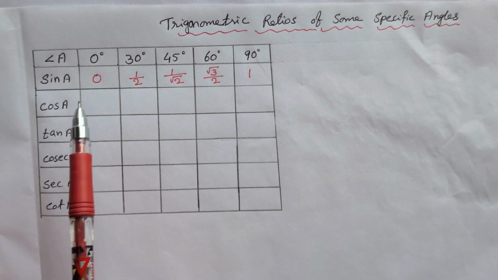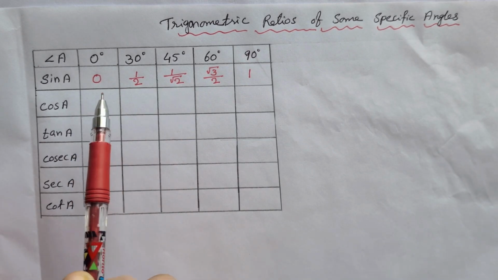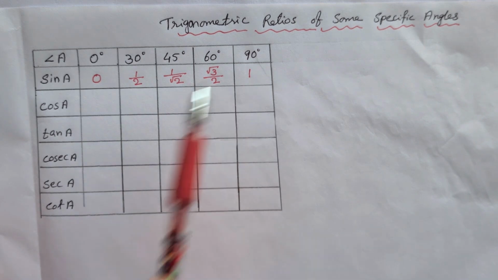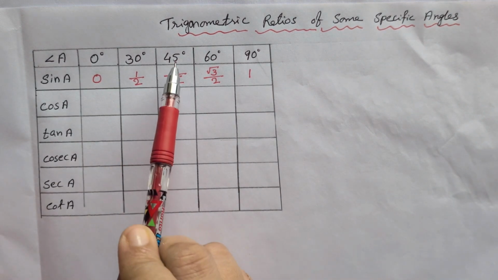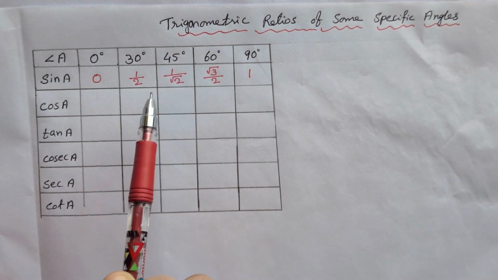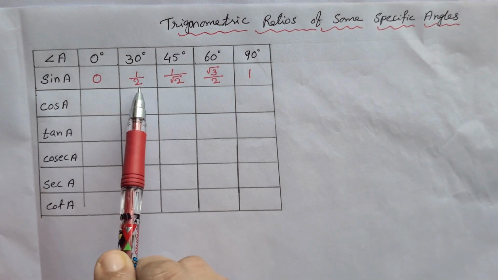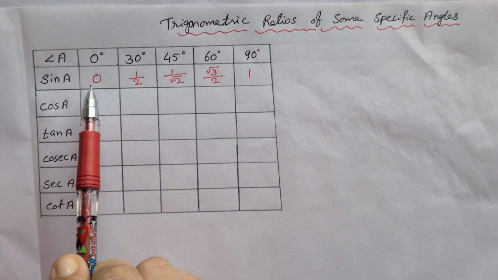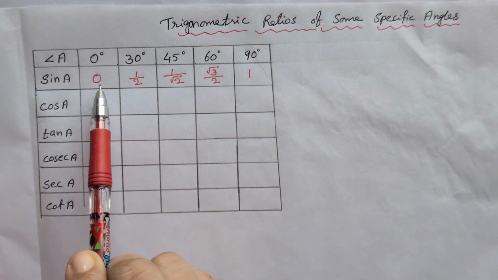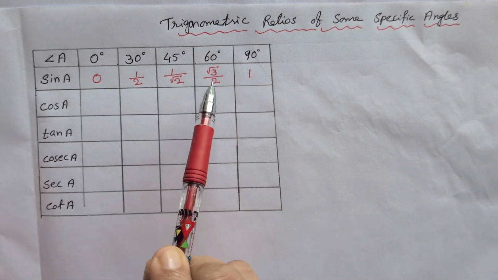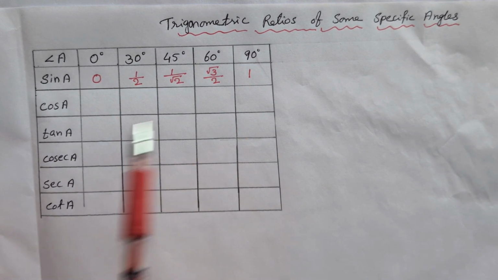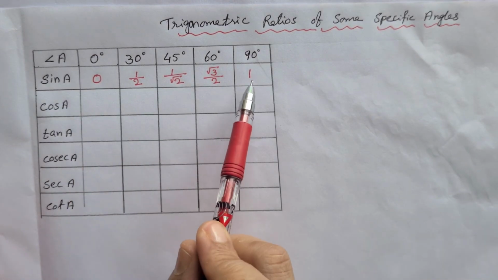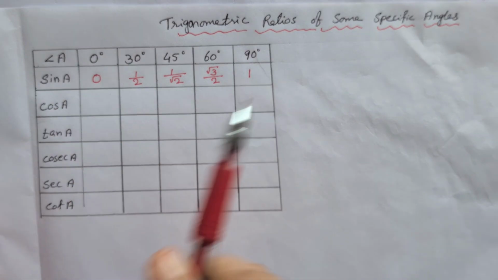To remember these values, just think starting from 0 to 1. 45 degree is 1 by root 2, 30 degree is 1 by 2, 60 degree is root 3 by 2. If we know this one row, then we can write the full table. Cos of angle A, just write in the reverse order.